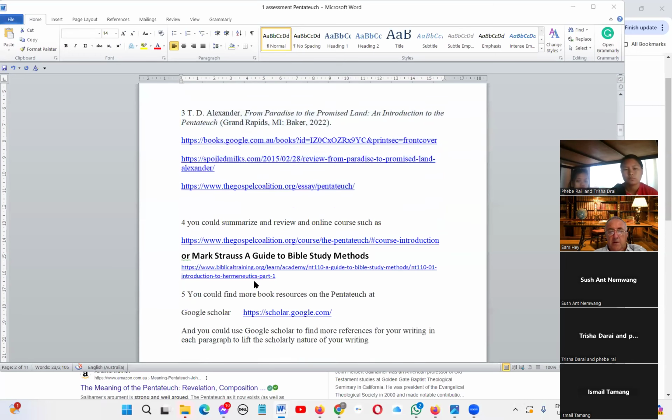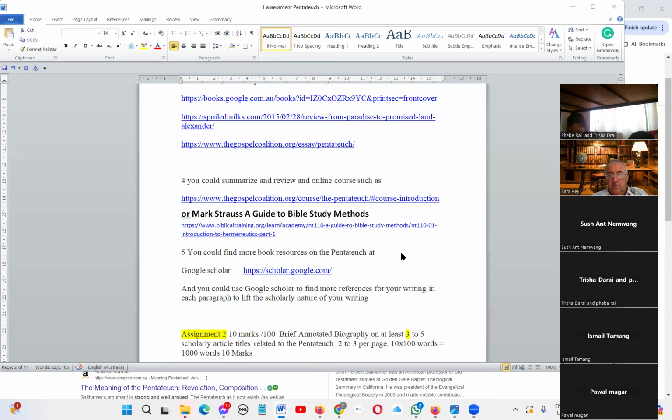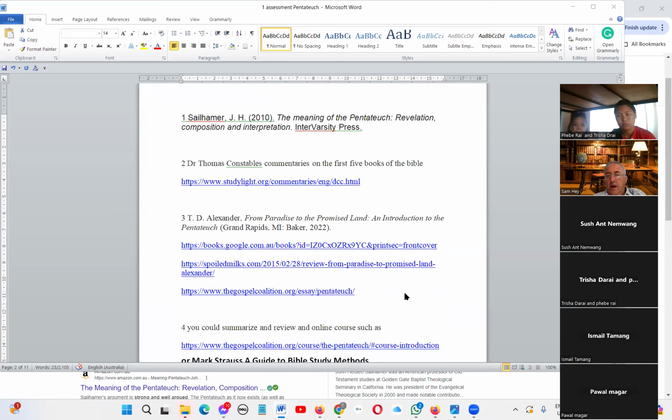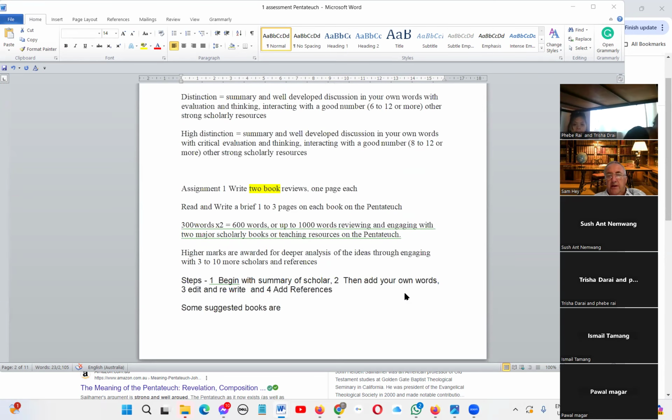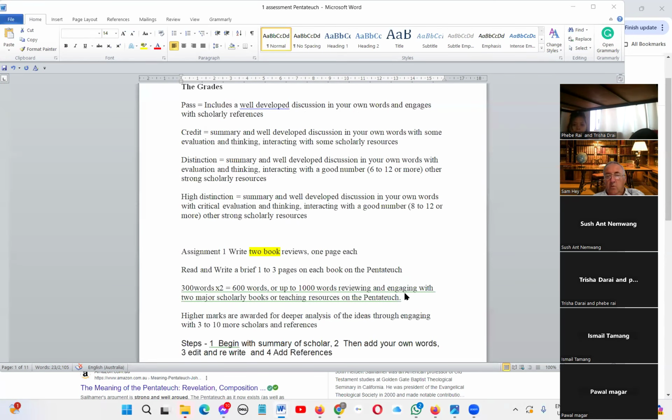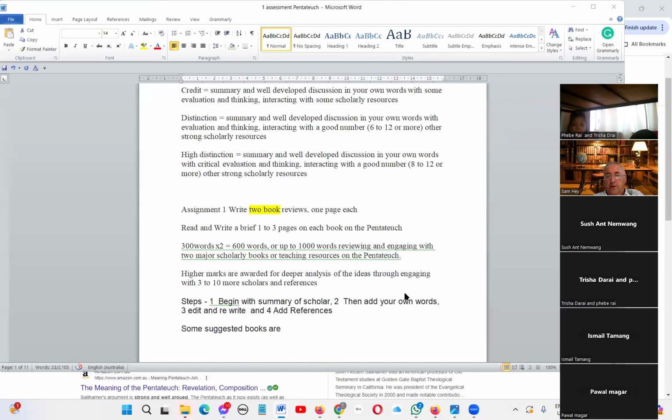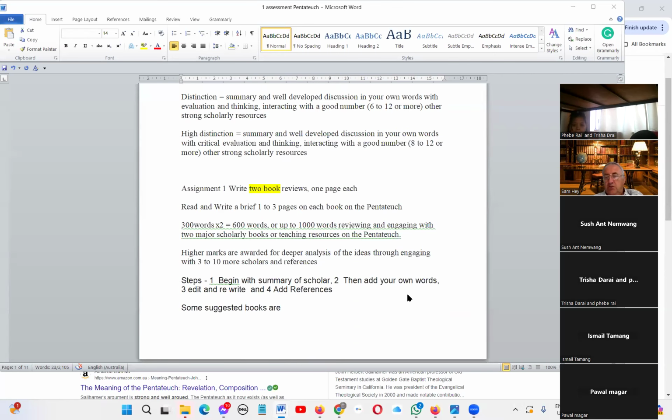Another resource is Mark Strauss's Guide to Bible Study Methods, which we looked at in lesson 1. And then there are other resources that you could find from Google Scholar. Are there any questions about assignment 1, where you need to write a 1-page review on 2 books on the Pentateuch?